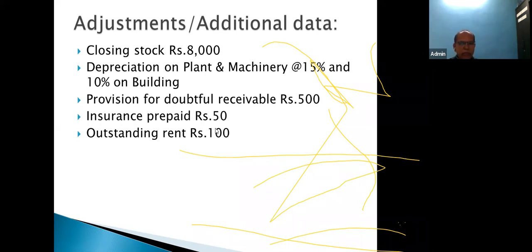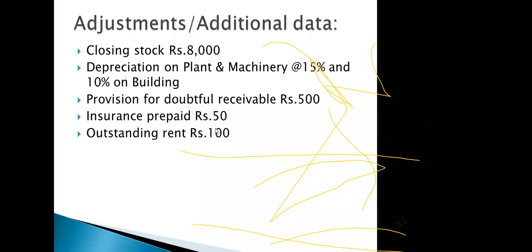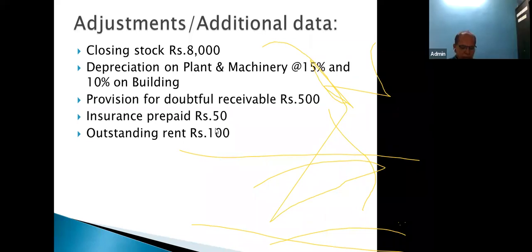Now the fourth one, insurance prepaid, ₹50. Since it is prepaid, if you remember, we have written an insurance amount in the profit and loss account. Go to your profit and loss account and check whether you have written the insurance amount. Below that, write less prepaid, 50.